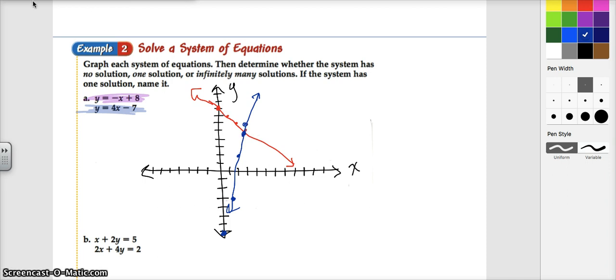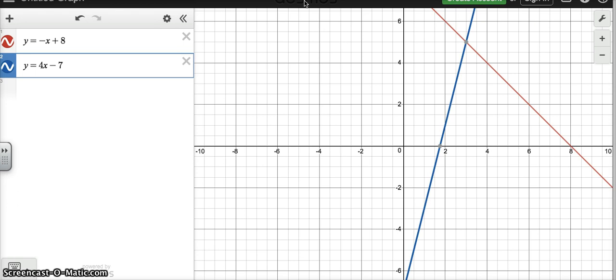So I'm going to graph this elsewhere. I used this super cool Desmos app, and I graphed both of those equations, and I see that those two lines cross at (3, 5). Now, I believe you could have drawn a really nice graph like that too. But the question arises, what if the answer is a decimal? What if your graphing isn't that neat?